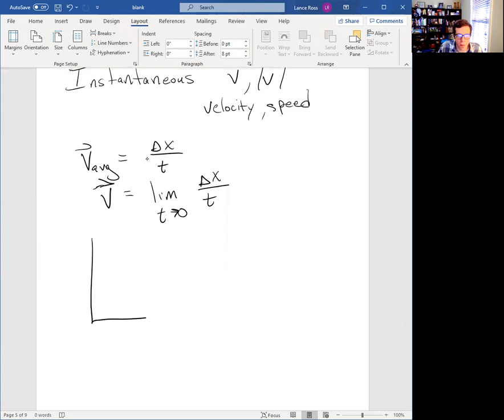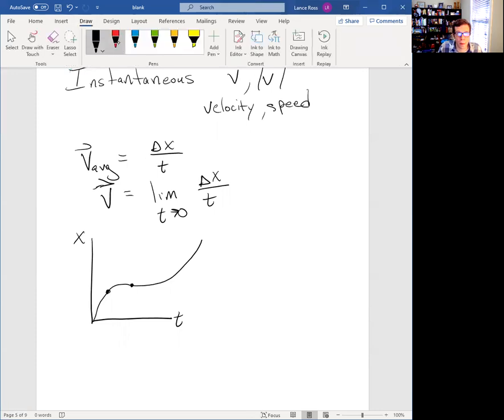And this is just our calculus definition of rates, right? If I look at a x versus t graph, I can look at 2 points on the graph. And let's say we're interested in the average velocity at this point. I can look at this time interval, and then this time interval, and this time interval.